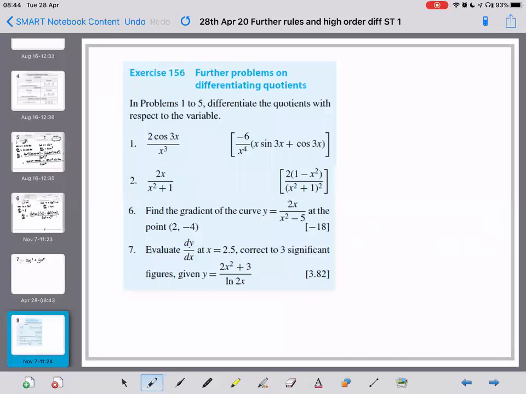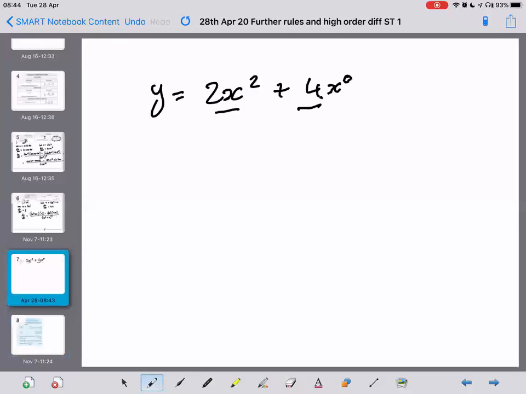All right, so differentiating this one, we do 2 times 2x to the 1. That equals 4x. Agree? And that's plus, here, we multiply by 0 times x to the minus 1.